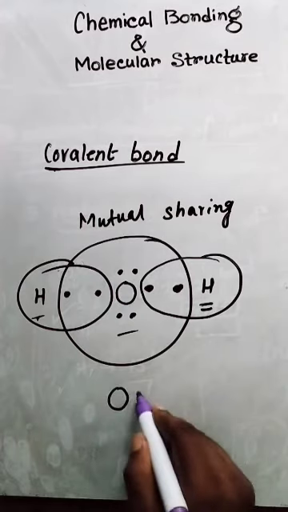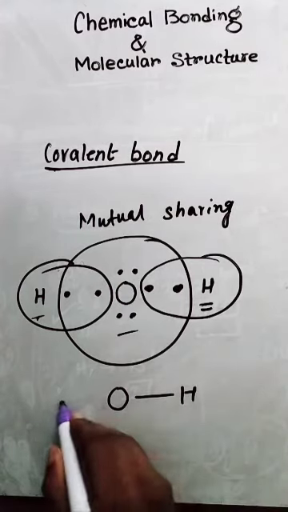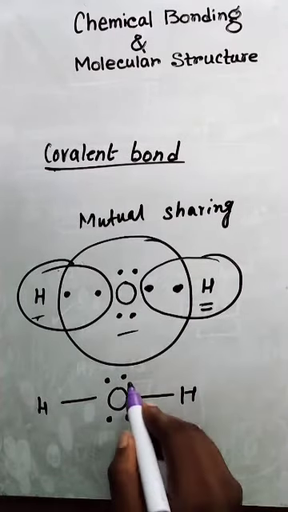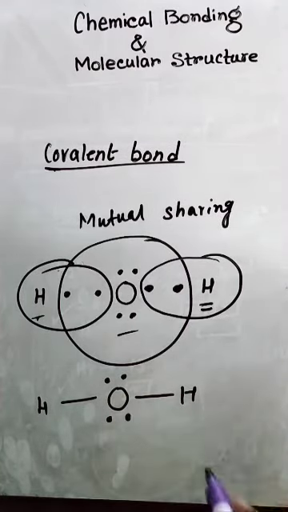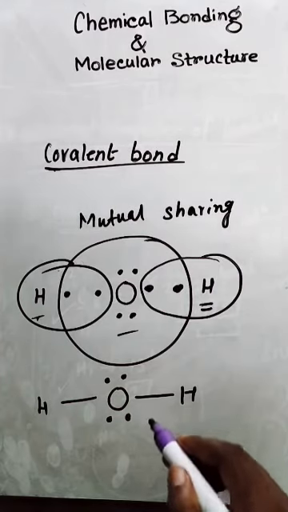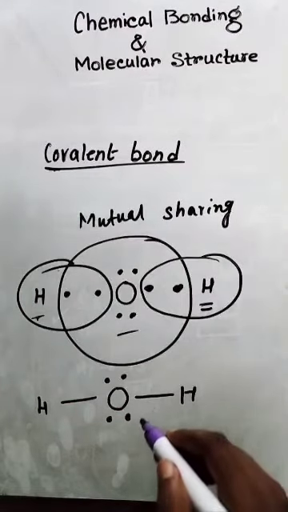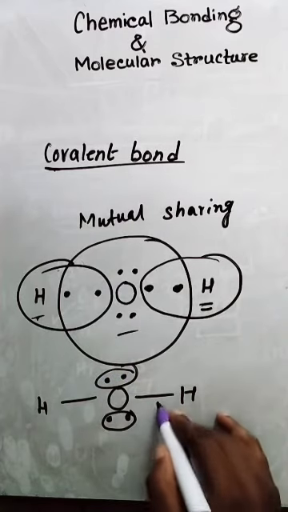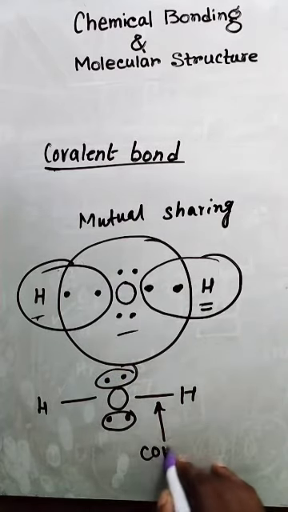This type of bond is known as a covalent bond, and these 4 electrons are known as lone pairs of electrons. So here there are 2 lone pairs, and this bond is known as a covalent bond.